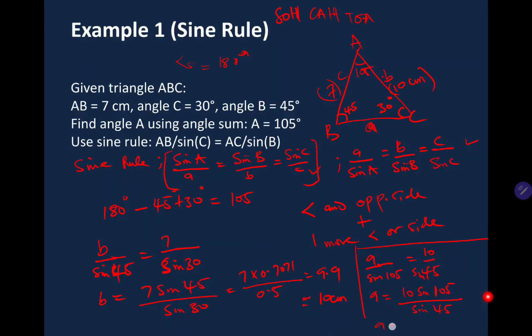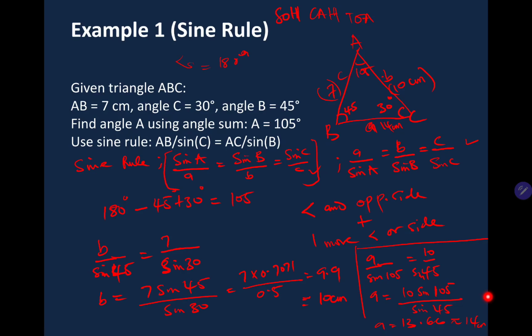Okay, and then our A is equal to, when you look for sine 105 and sine 45, we should be having 13.66, which is approximately 14 centimeters. All right, so that's it for all the sides and the angles. So this is 14 centimeters. So we have been able to get all the sides of this triangle and all the angles.